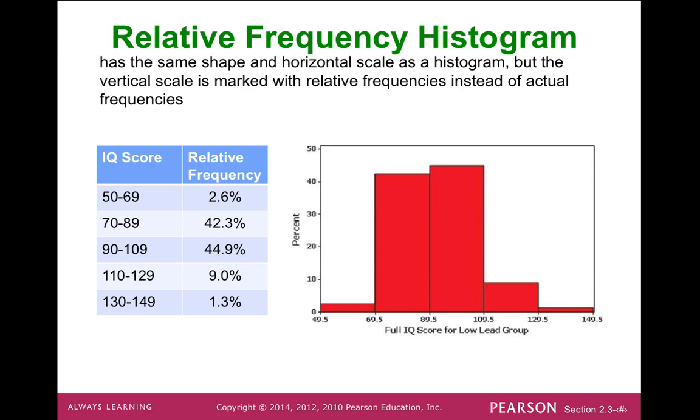For many of us, percentages are easier to understand because we know what 100% is, we know what 0% is, and so when something is listed as 2.6% or 42.3%, we understand what that means in relationship to 0% and 100%.